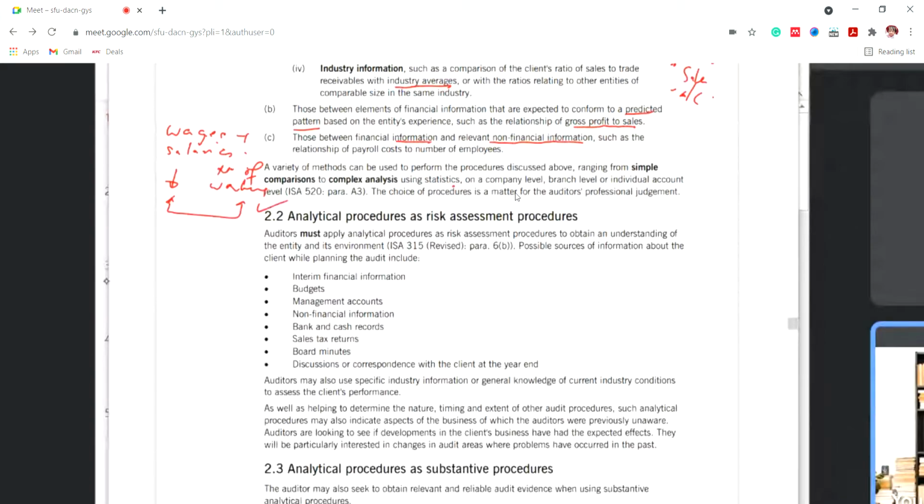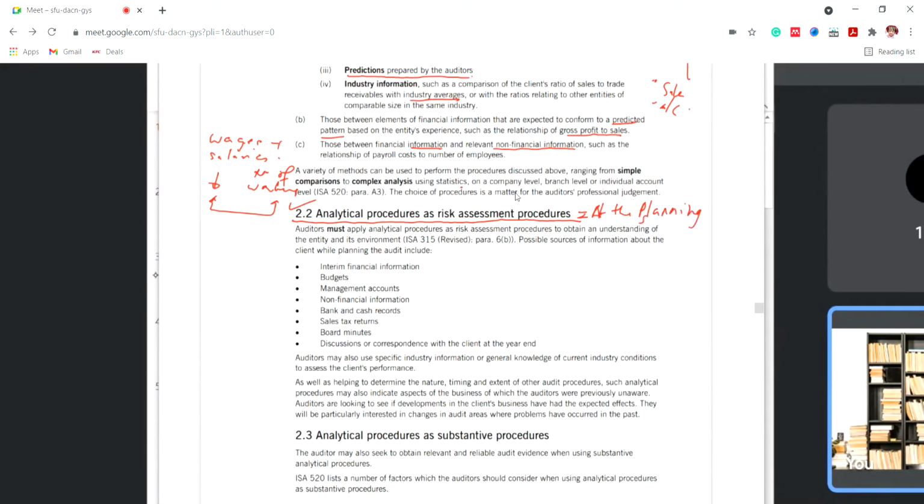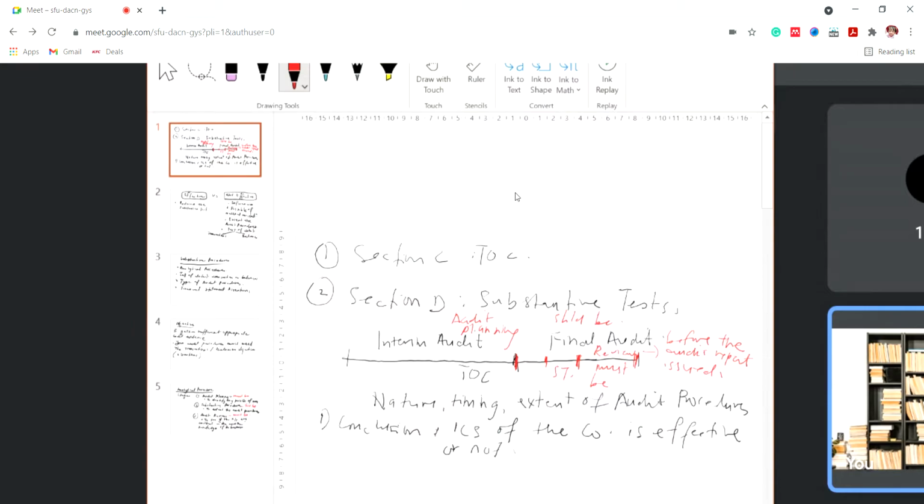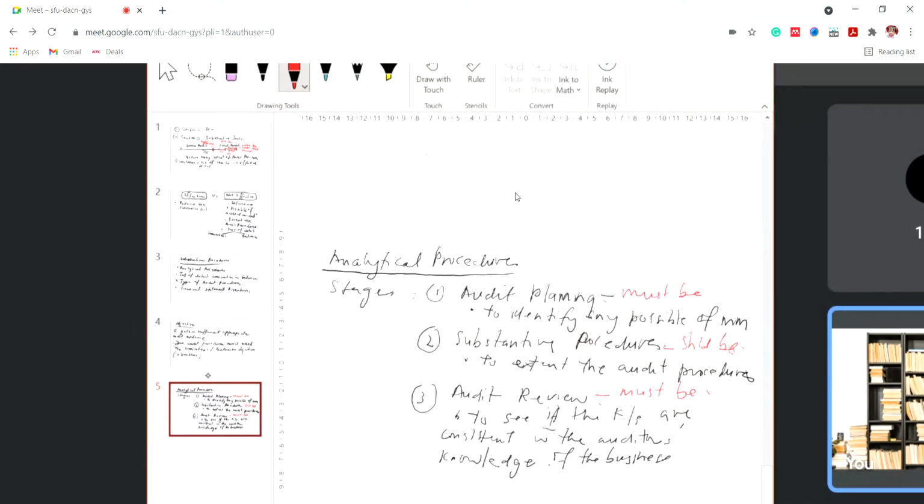Okay, what are the risk assessment procedures? So these are the analytical procedures as risk assessment procedures. So when does it happen? It happens at the planning stage, when you perform the audit procedures to identify any possible material misstatement.